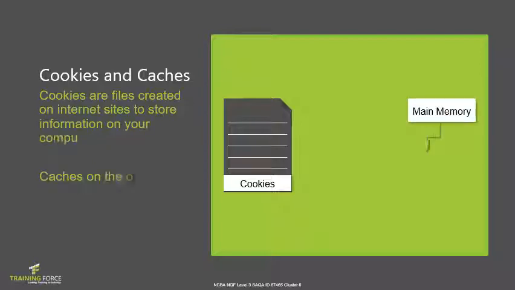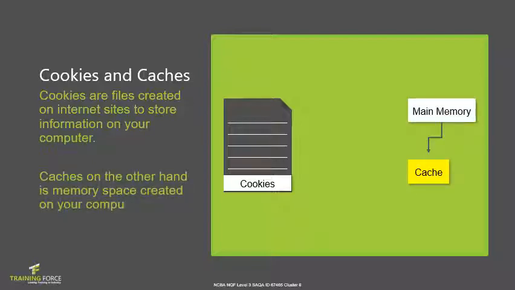Caches, on the other hand, is memory space created on your computer by the application that also allows quick access to data. Things like your search inquiries and the sites you visit use cookies to store your information so that they can easily access it later, or you can easily access it later. You've noticed that sometimes a page may load a lot faster, or your information is already there. That's because it's been stored in a cookie.